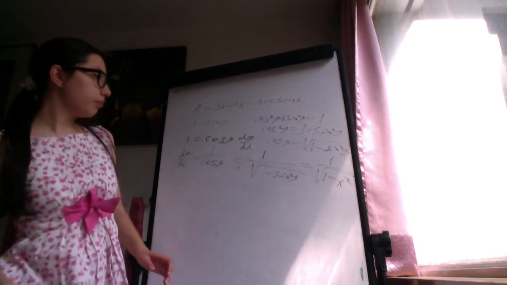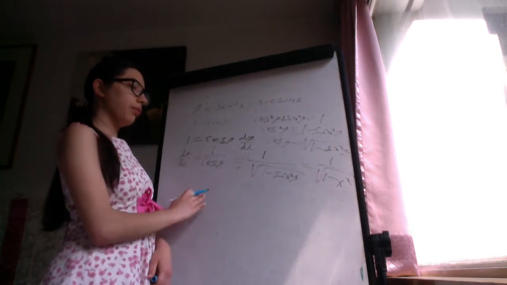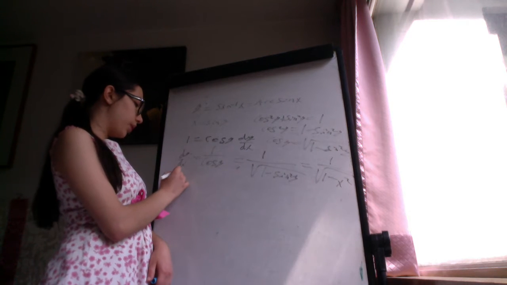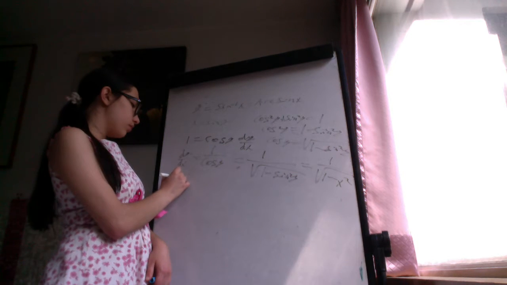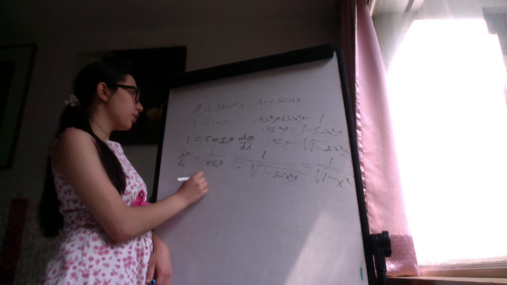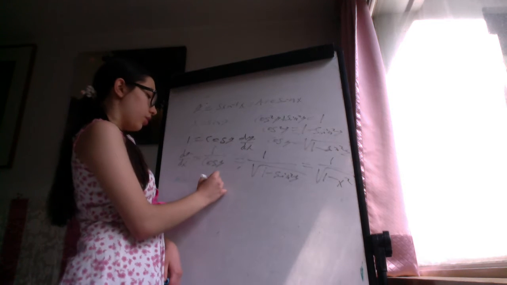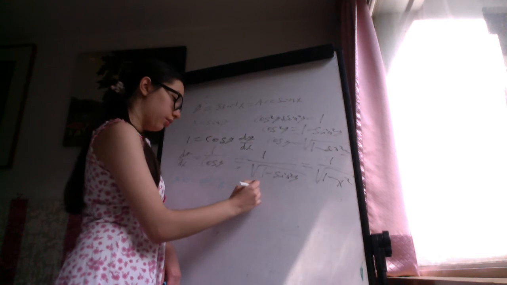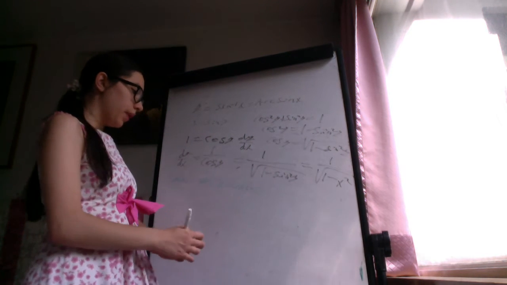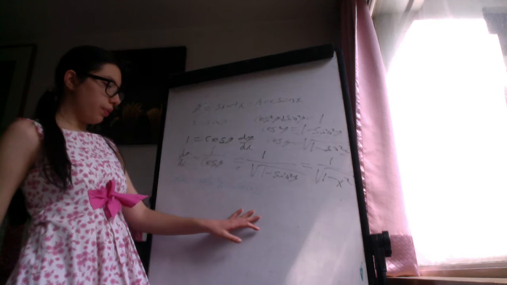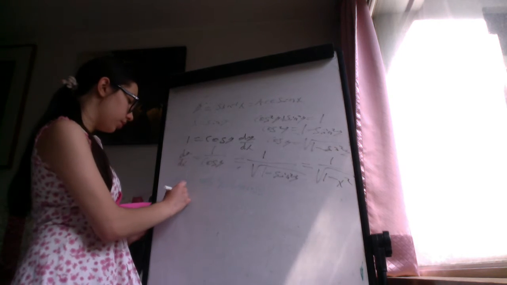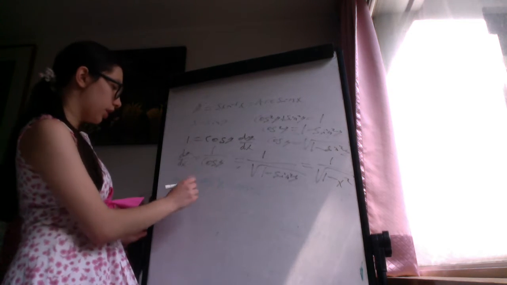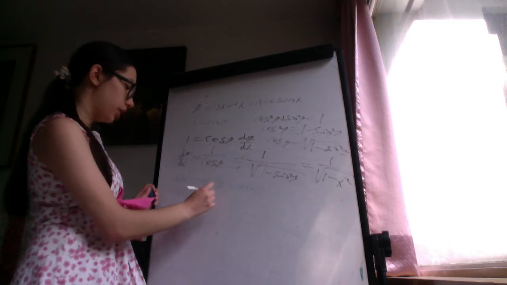Now for cosine x, the derivative of the inverse function of cosine x. Let's put g of x equal to cosine to the minus 1 of x, or arc cosine of x. So again, x equals cosine of g.